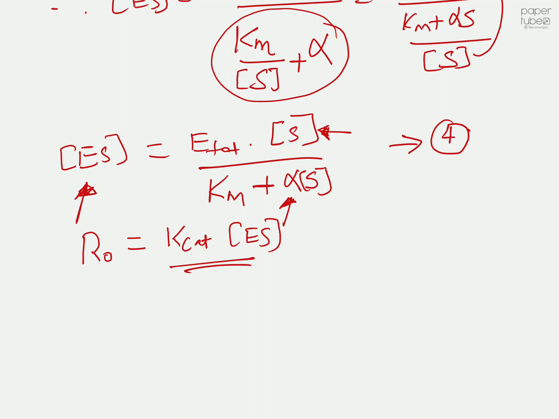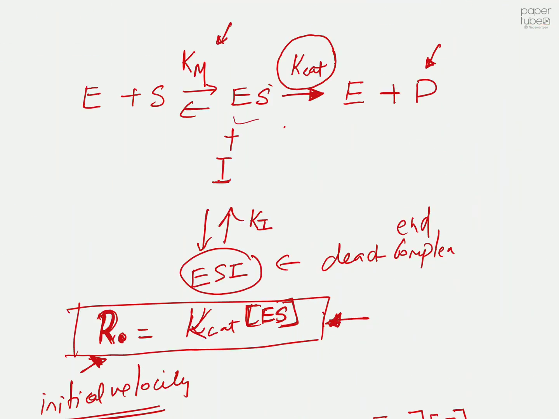This is where the main reaction is happening, where the substrate in the enzyme substrate complex is converted into new product molecules. That's the slowest reaction, so it dictates the speed of your reaction.